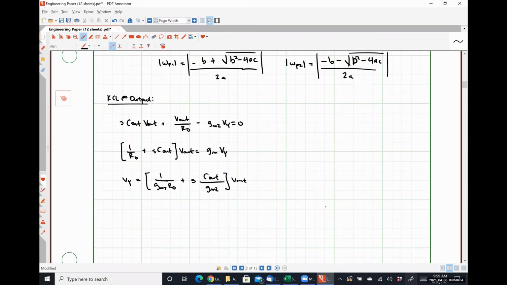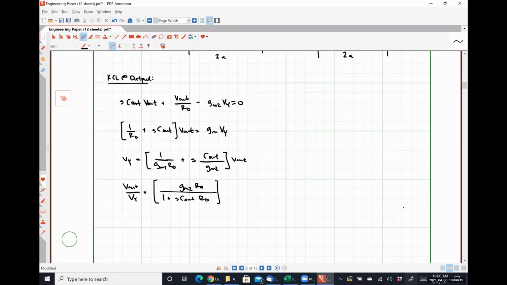And now if I multiply my right hand expression by RD over RD, I get V out over Vy is equal to 1 plus S C out RD. Sorry, that's upside down. GM2 RD divided by 1 plus S C out RD.